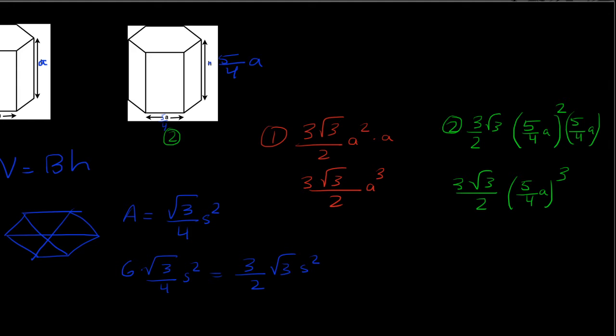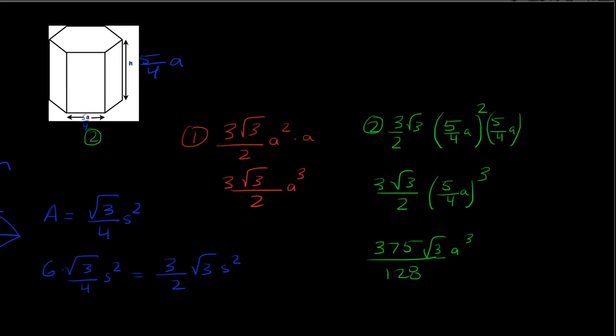So 5 cubed is 125 times 3 is 375. And then 4 cubed is 64 times 2 is 128. And so that's the volume for the second one.